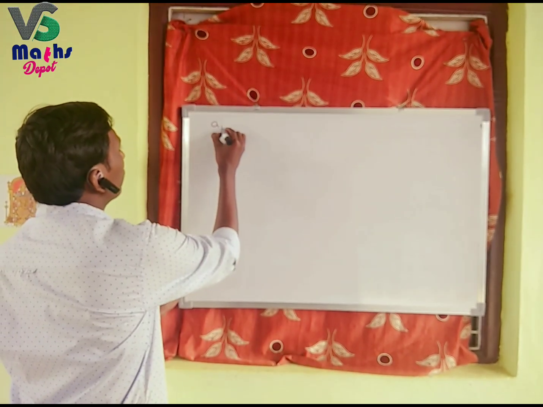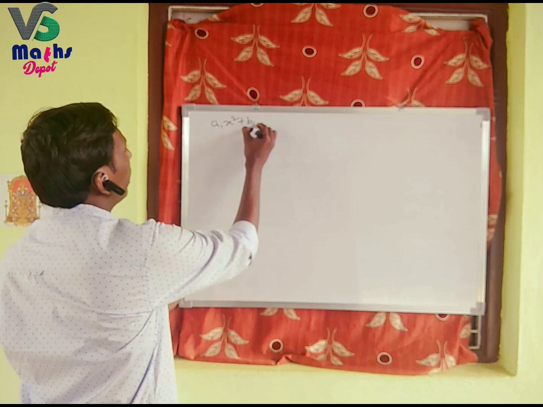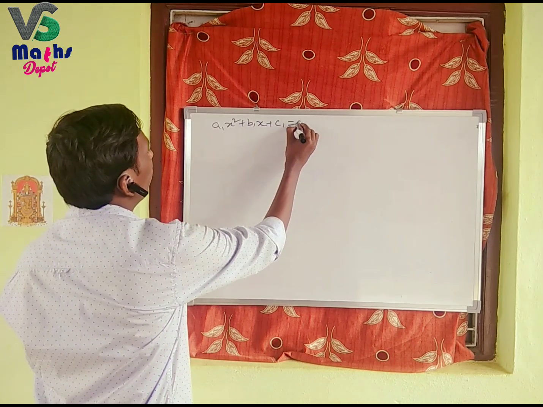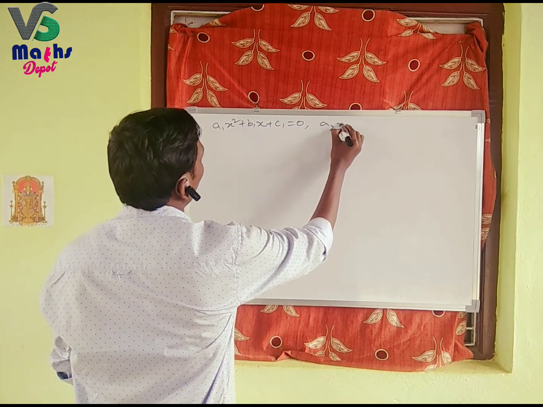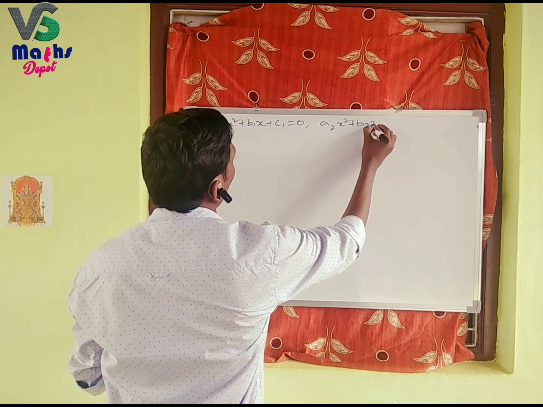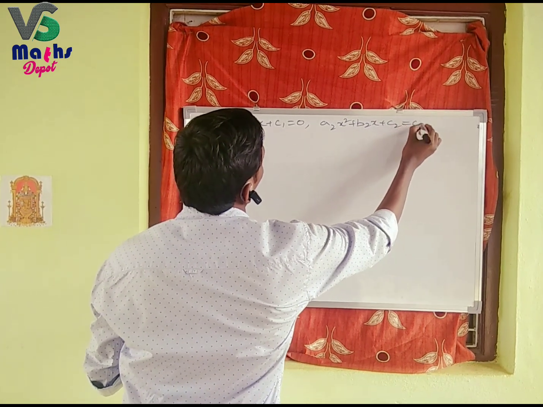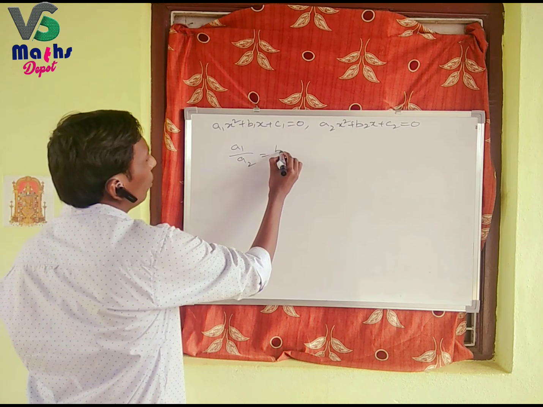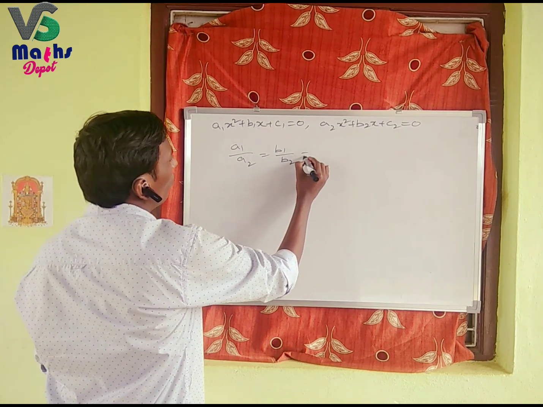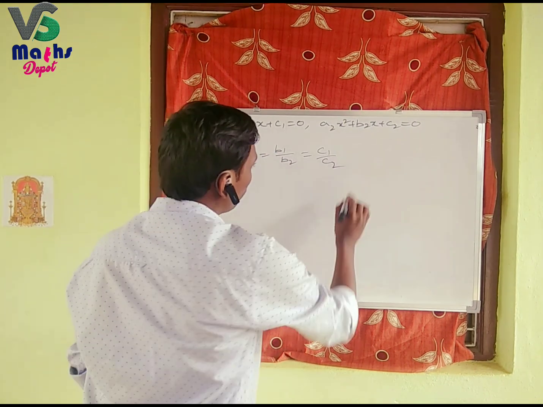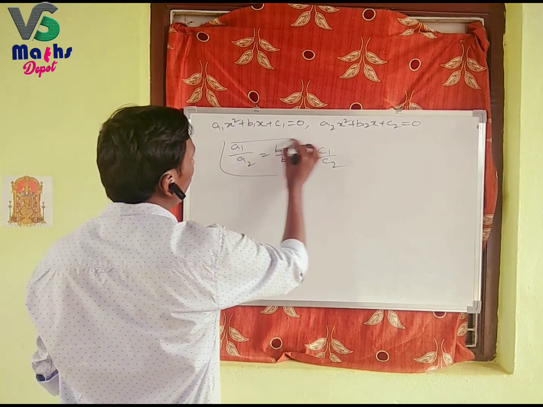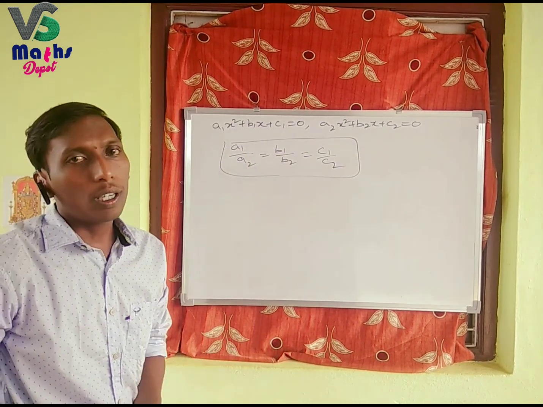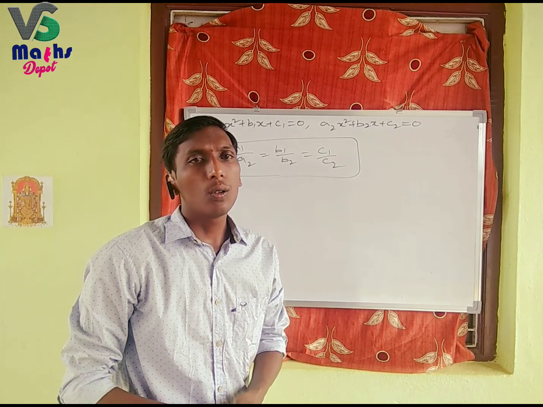Suppose the quadratic equations a1x square plus b1x plus c1 is equal to 0 and a2x square plus b2x plus c2 is equal to 0 have two common roots, then the condition is a1 by a2 is equal to b1 by b2 is equal to c1 by c2.